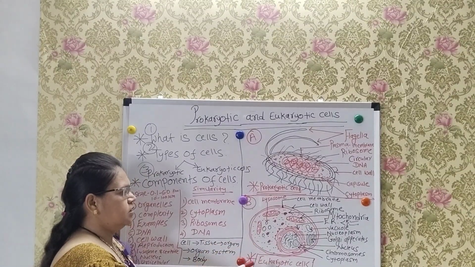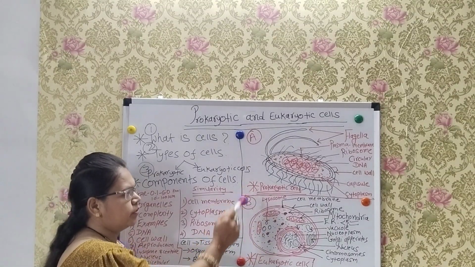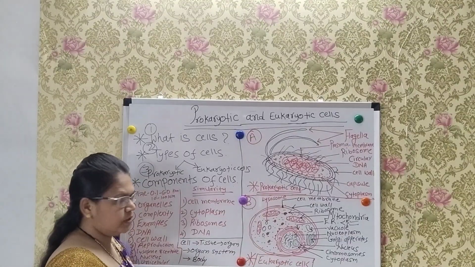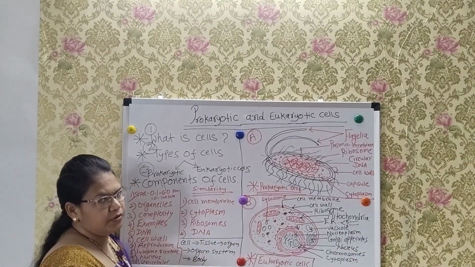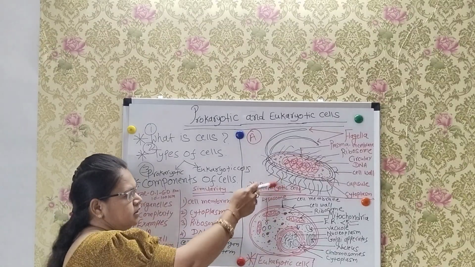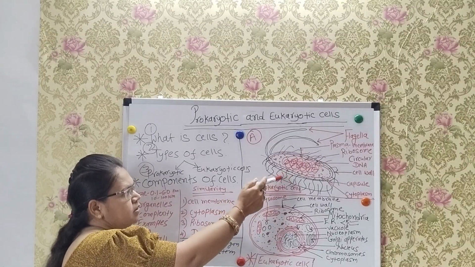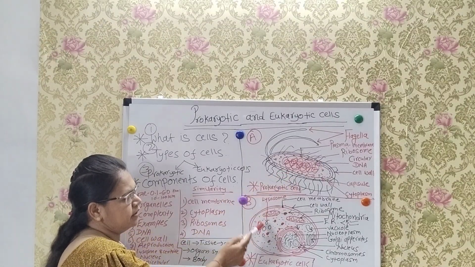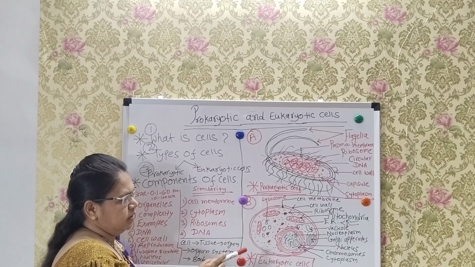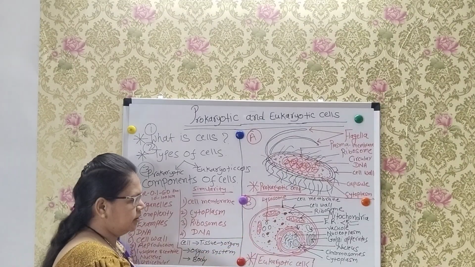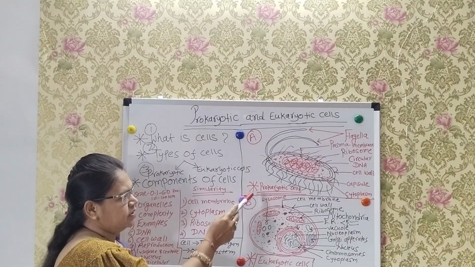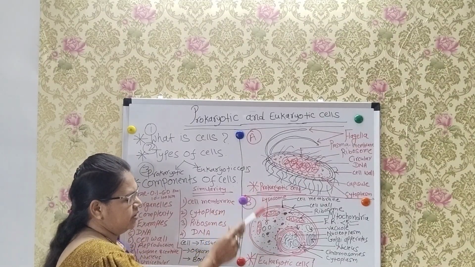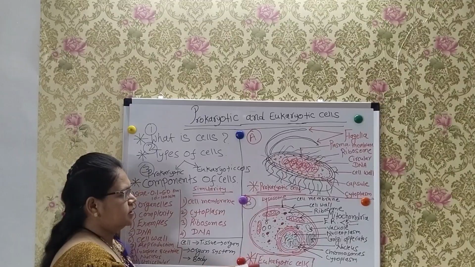DNA is also found in both: circular DNA in prokaryotic cells, and multiple linear double strand DNA in eukaryotic cells. So we see this type of difference between prokaryotic cells and eukaryotic cells.